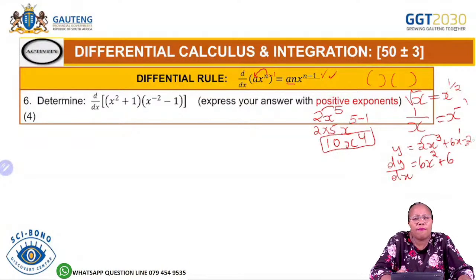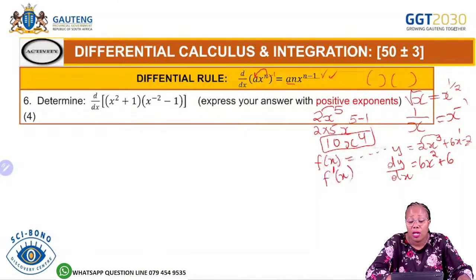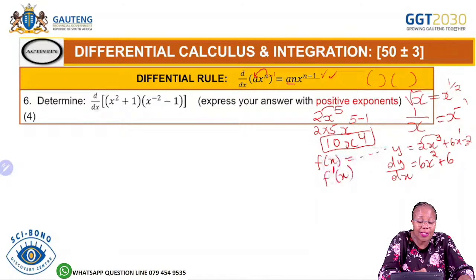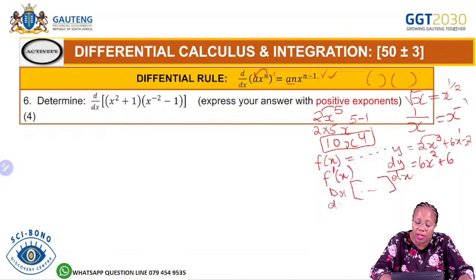And then if we are given a notation, maybe in terms of f(x) equal to something, the minute we derive, we put a dash there to show that this is now a derivative of that. And then the one that is given to us here is either given as d/dx with whatever is inside the bracket, or in this format that we see here, d/dx of a certain bracket.